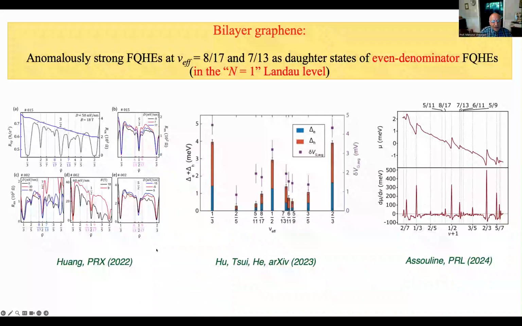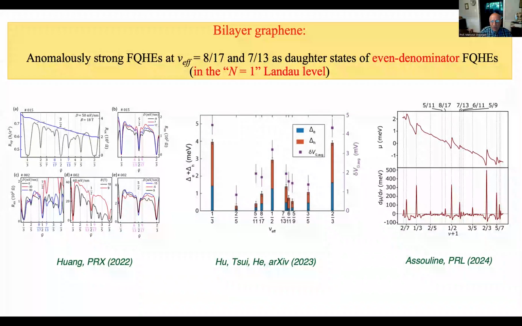And then in the last couple of years, there are several papers, some of them listed here, in bilayer graphene rather. They also see 8/17ths and 7/13ths as daughter states in the n equal to 1 Landau level. In graphene, of course, things are a little more complex.